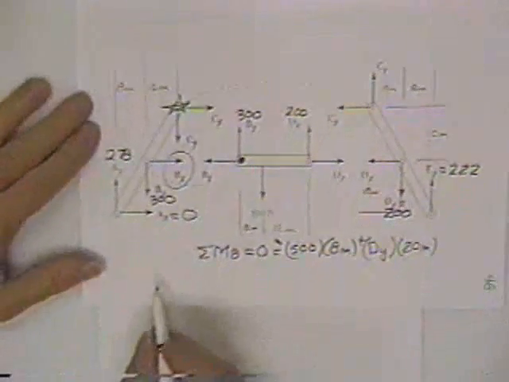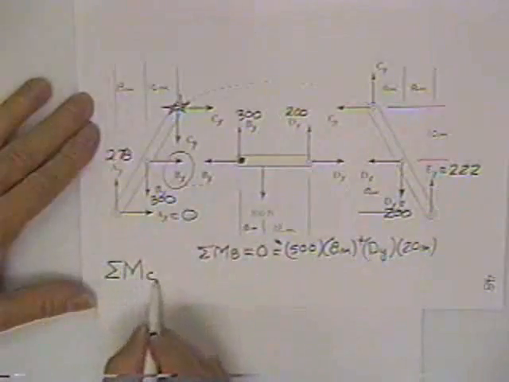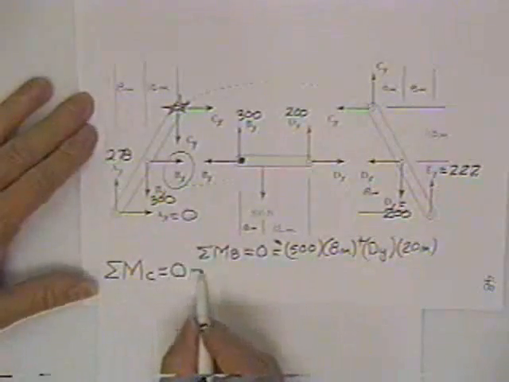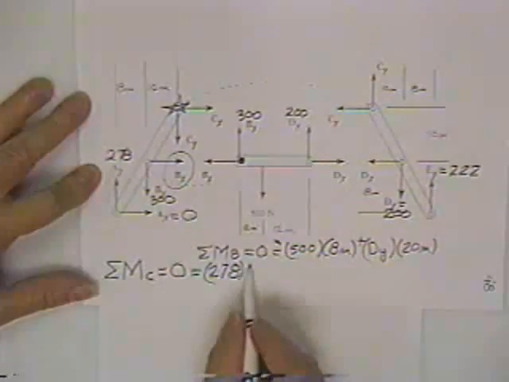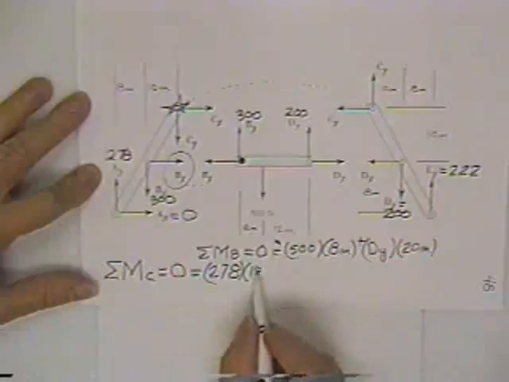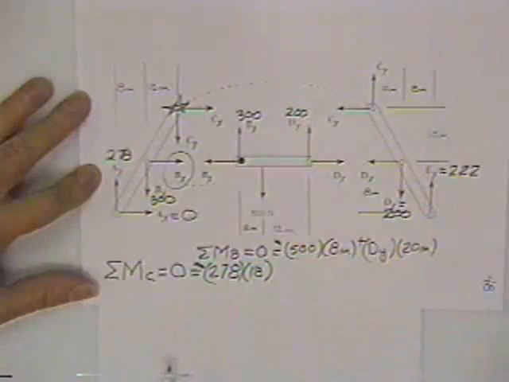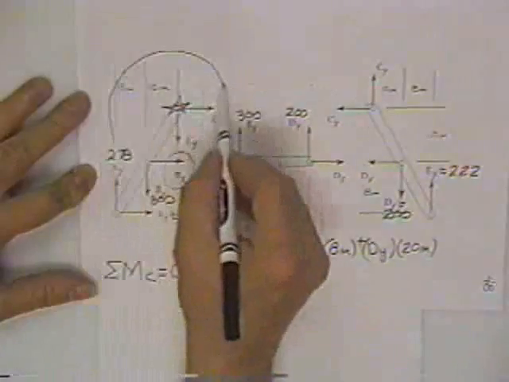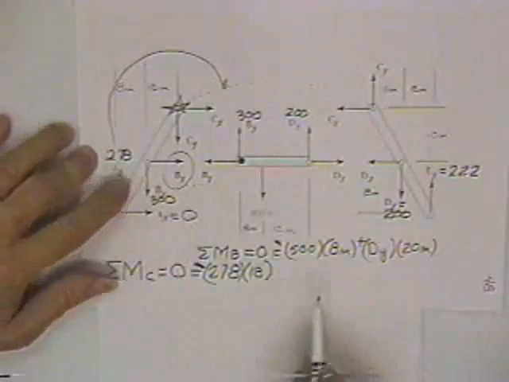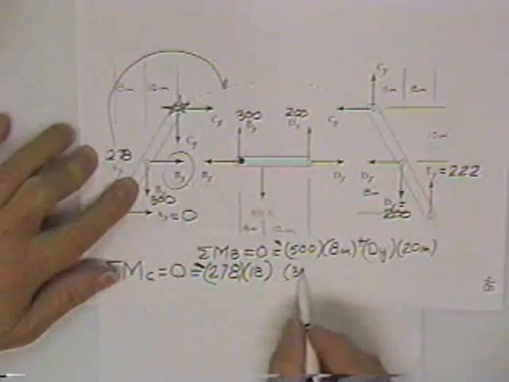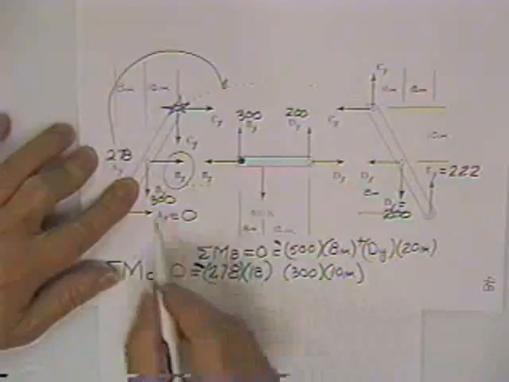And the equation would read, sum moments about C is equal to 0 is equal to, I see a 278. I notice he has an 18 meter moment arm. He also has a negative tendency to roll about point C. I see a 0, fooey on you. I see a 300. He has a 10 meter moment arm.